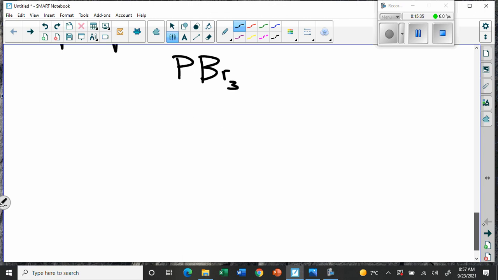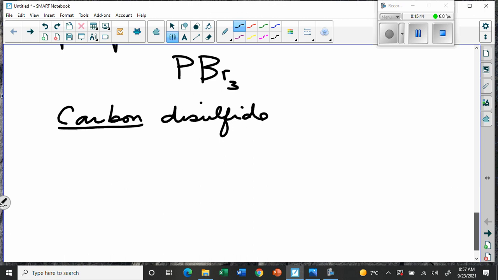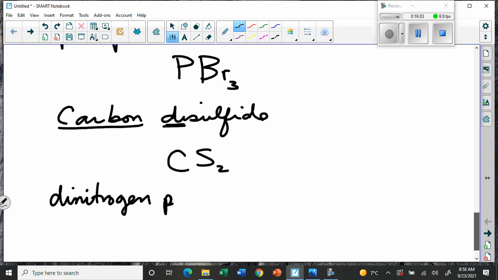Let's do carbon disulfide. Well, that's 1 carbon. There's no prefix. And di means 2 sulfurs. So it just looks like that. Very simple. Carbon disulfide. Okay. Dinitrogen pentoxide.